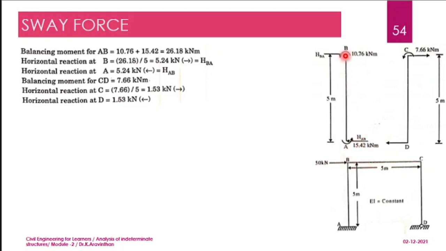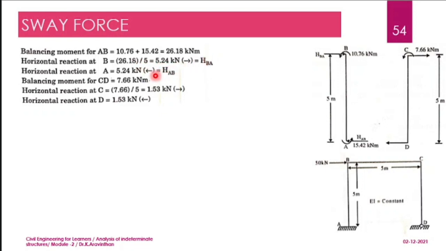How to find that? HAB into 5 minus 15.42 minus 10.76. These two answer will be 26.18. You will be cross multiplying the 5 here, and if you divide 26.18 by 5, you will be getting 5.24.